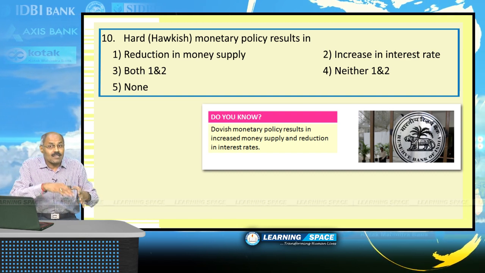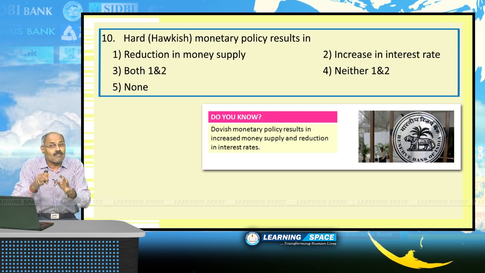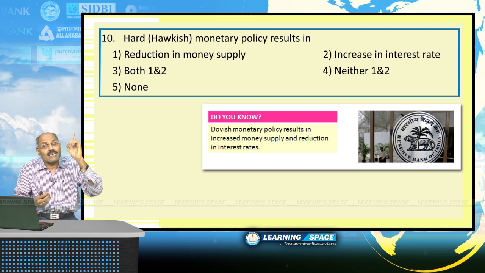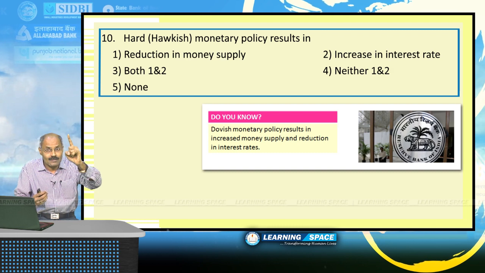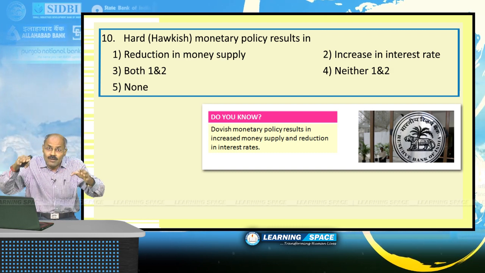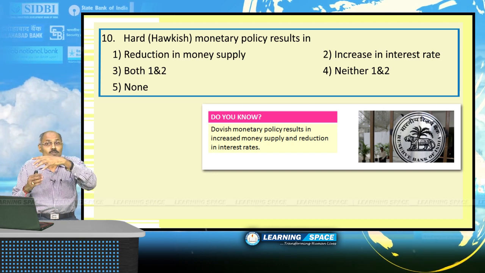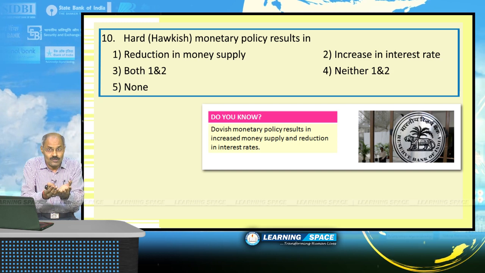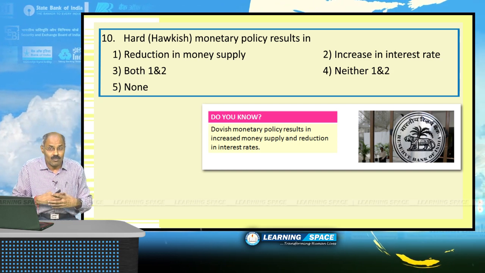In that case, the circulation of money in the system will be affected, and when the money circulation reduces, what will happen? Interest rates will rise. That is called hawkish monetary policy.